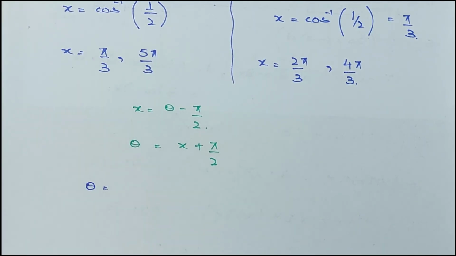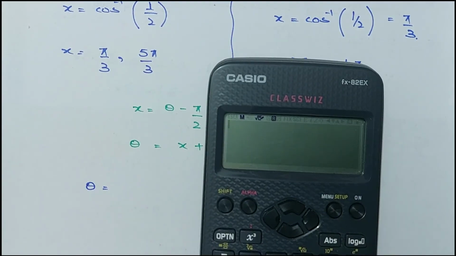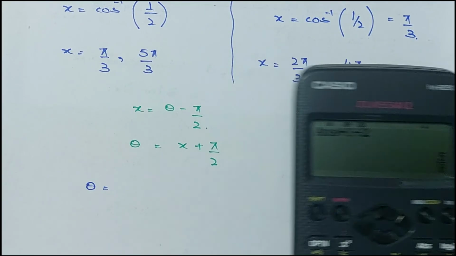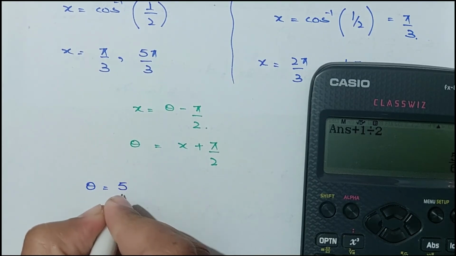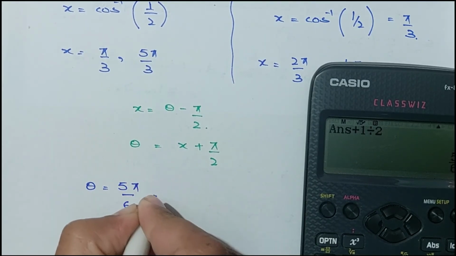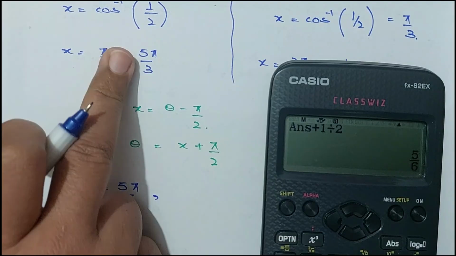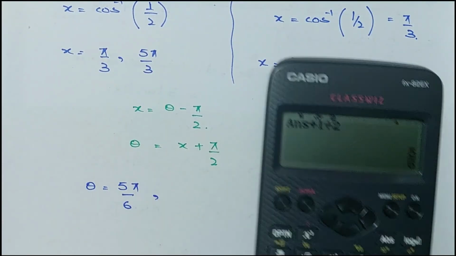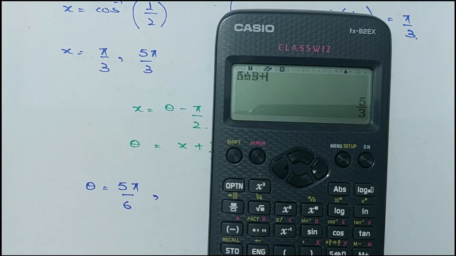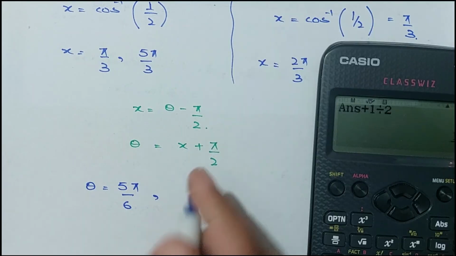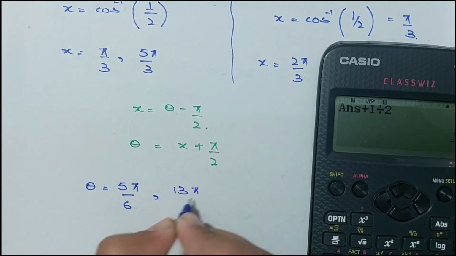Pi by 3, add pi by 2. So for pi by 3, I can take 1 by 3 plus 1 by 2, which is 5 pi by 6. The other one, 5 pi by 3, add pi by 2. So 5 by 3, add 1 by 2 gives 13 pi by 6.